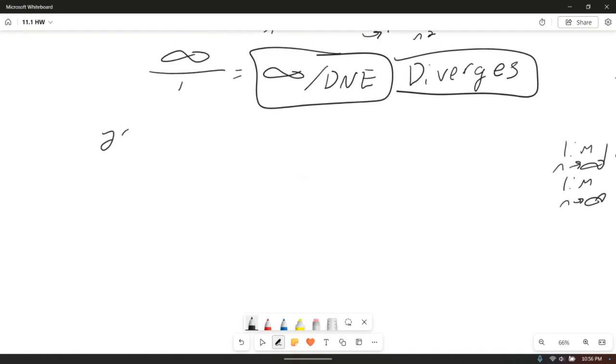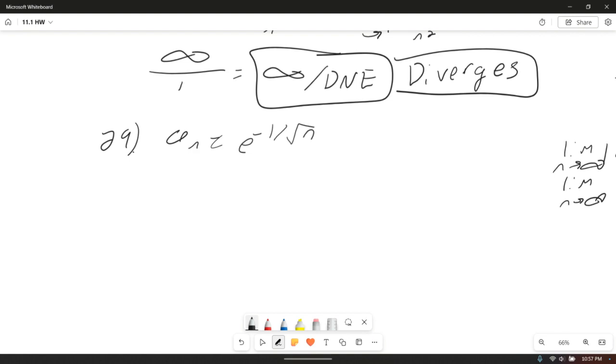Okay, 29. I thought this one was pretty interesting. So we have a_n equals e to the -1 over square root of n. And remember, for these questions, we're just asked, does it converge, does it diverge, and if it converges, what number does it converge to?